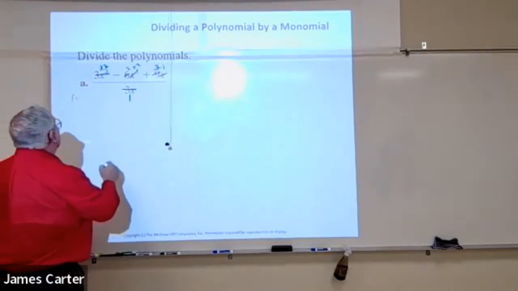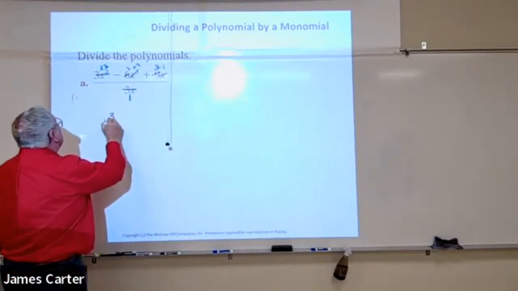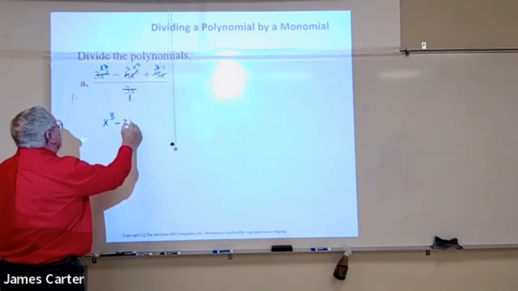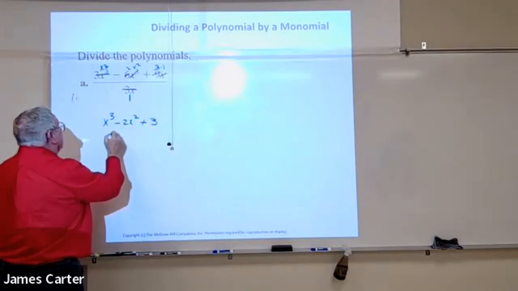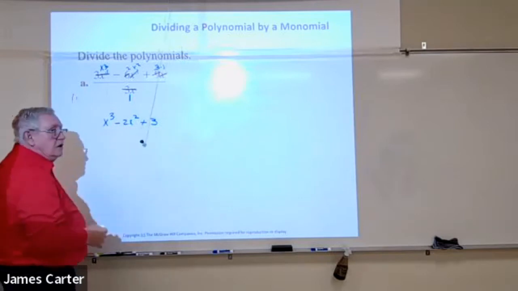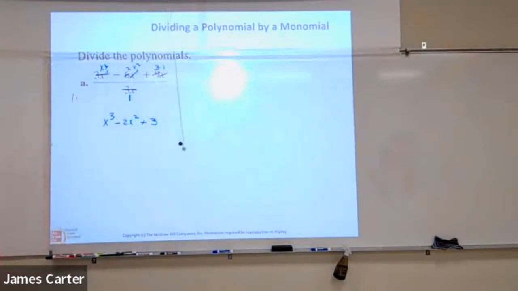So what does this thing work out to be? X cubed minus 2x squared plus 3 over 1, but we don't need to show that. Now, that's one way to work this problem.